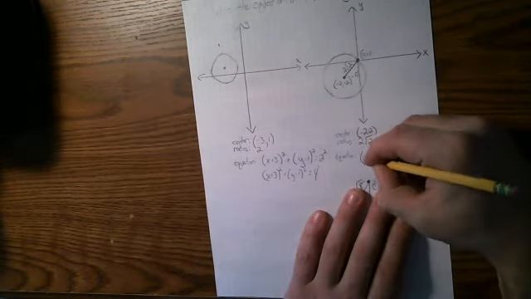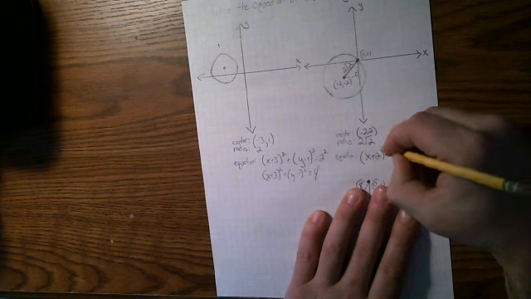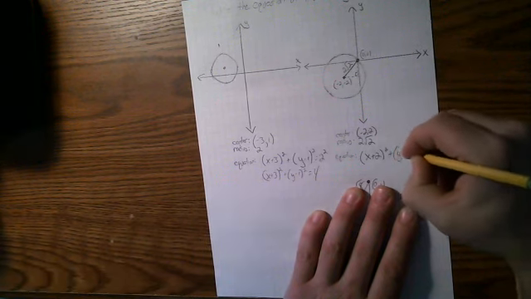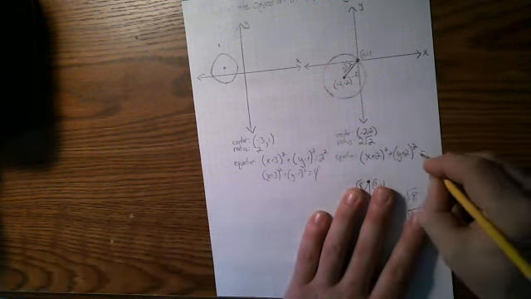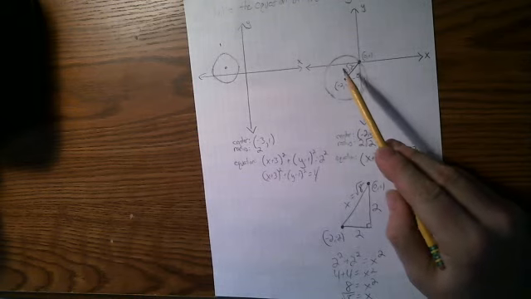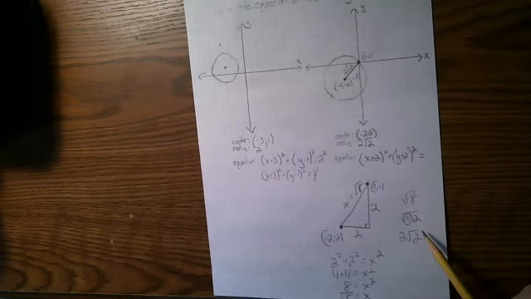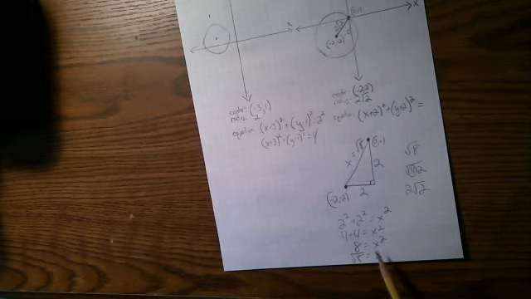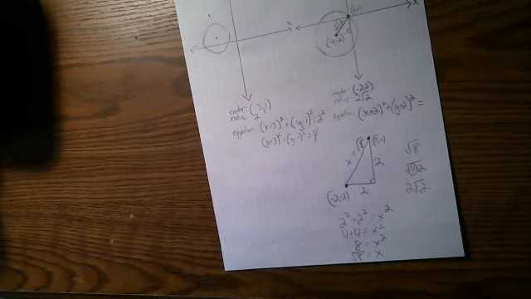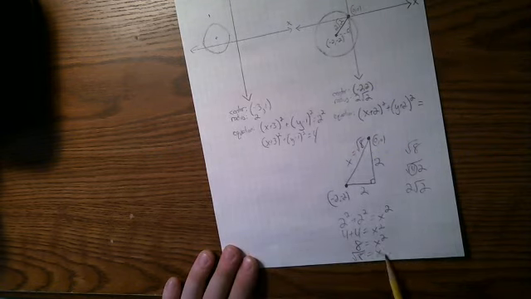The equation of this circle is (x + 2), opposite sign, plus (y + 2), opposite sign, equals the radius squared. 2 radical 2 is not the number in the equation. That's the radius. The radius squared is 8. And if you can't see that, we solved for x as the radius.